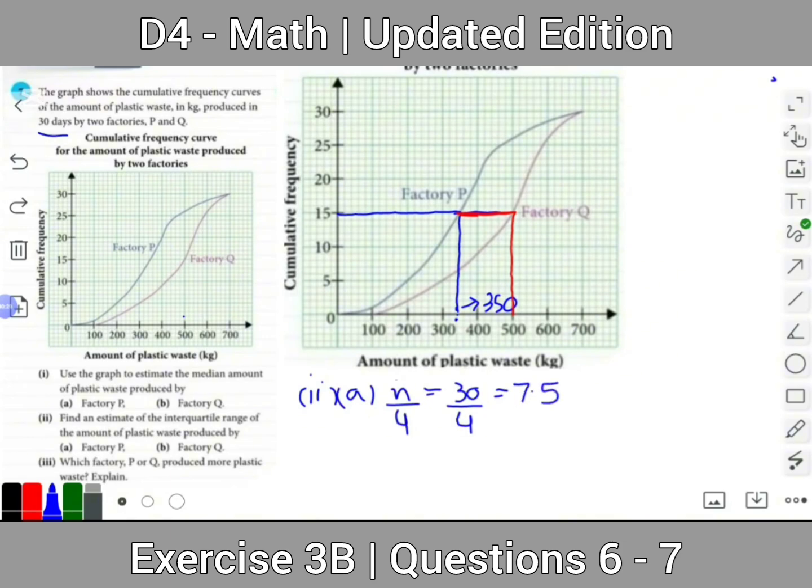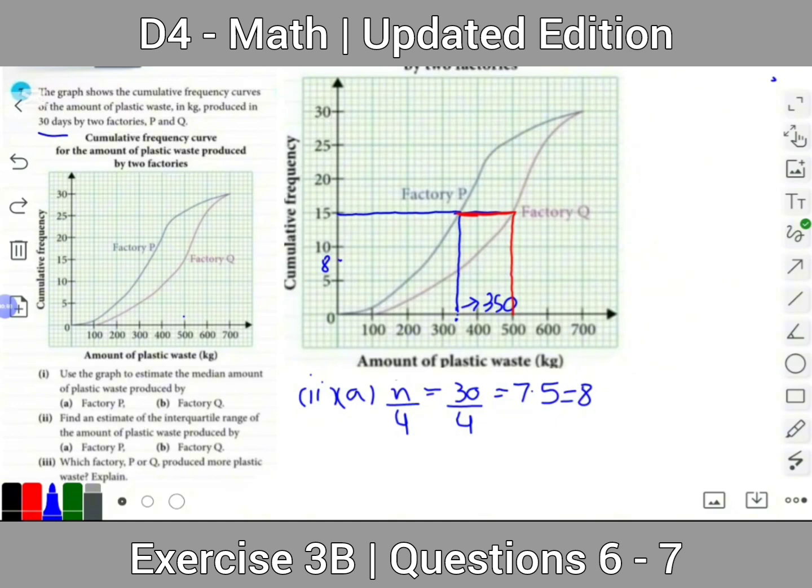It is approximately equal to 8. Since we know that each square unit is equal to 1 along the y-axis, from here we have 5, 6, 7, 8.